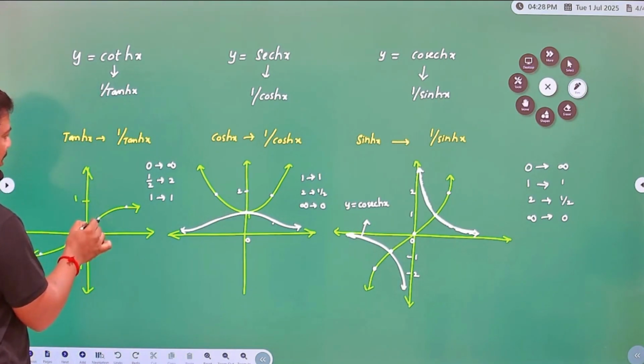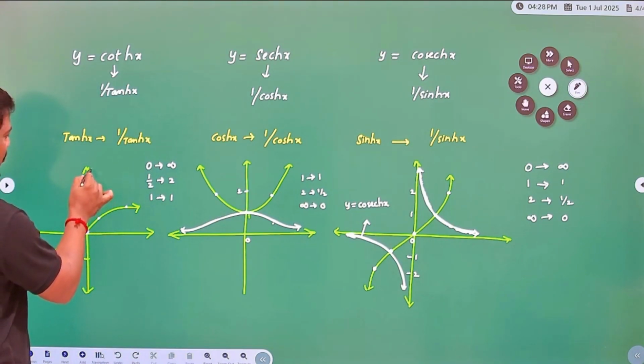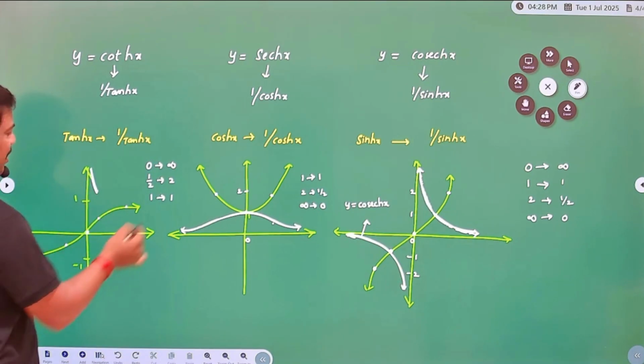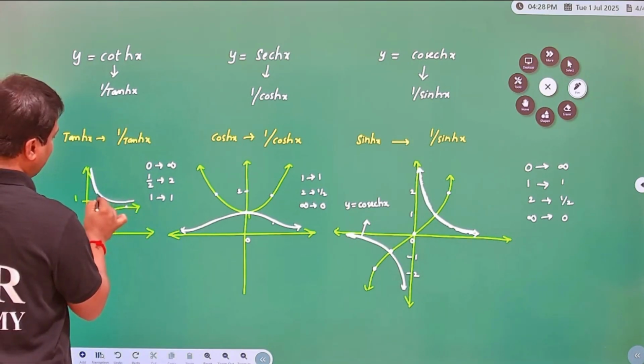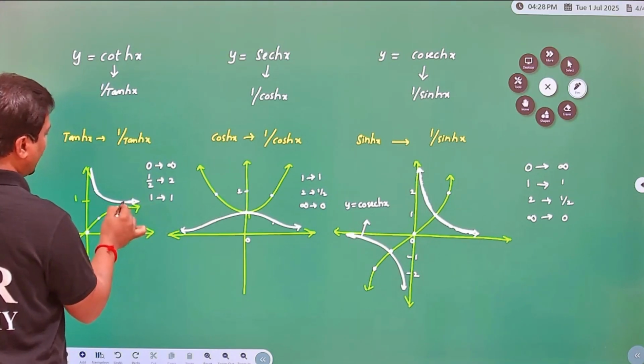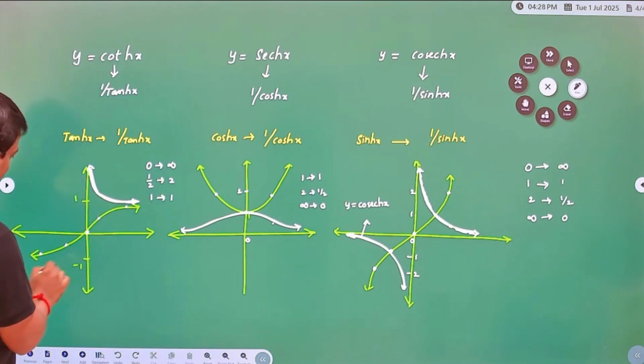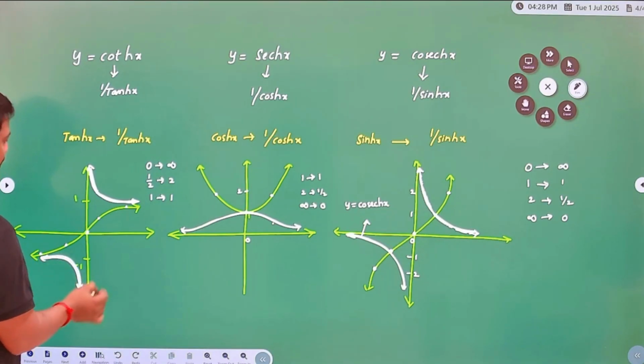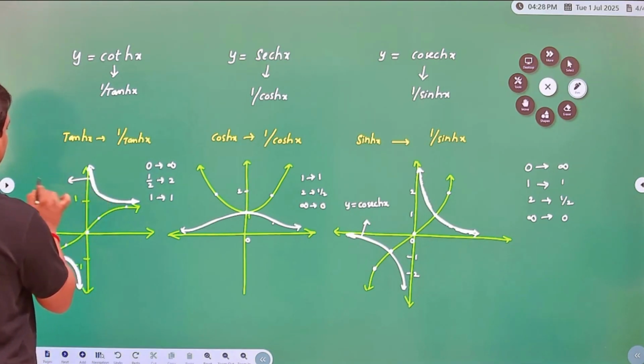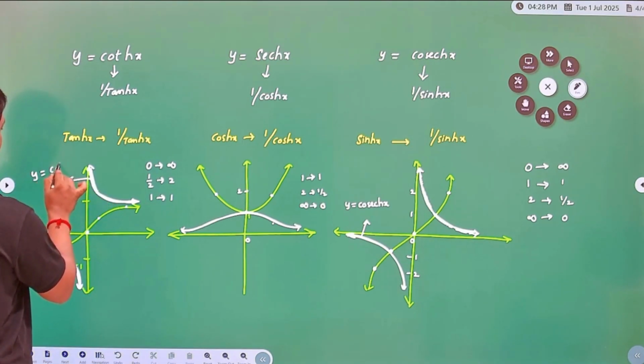So in the first quadrant it decreases from infinity to 1, you will get. So this is the graph of reciprocal of tan hx in the first quadrant. In the same way, in the third quadrant, this is the graph. It indicates y equal to cot hx.